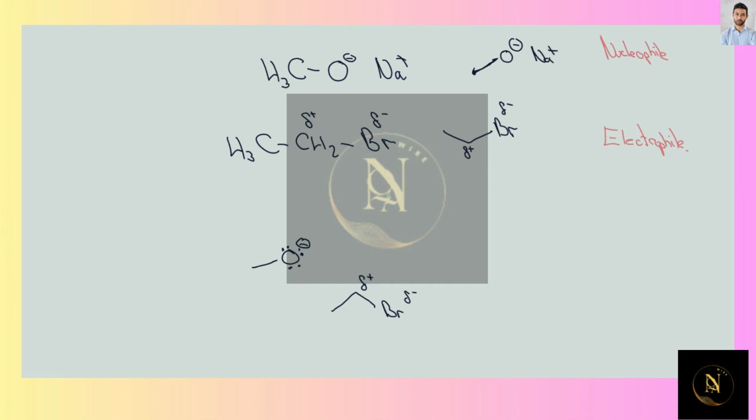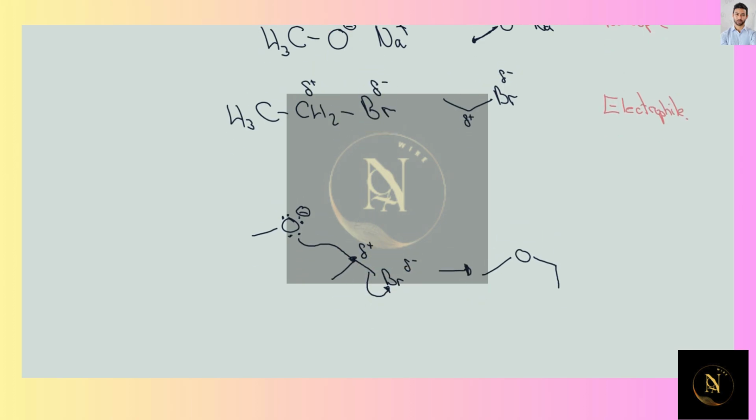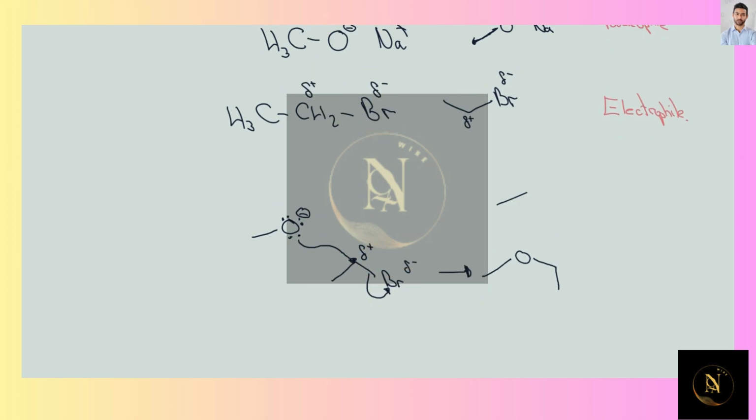So we're going to generate a bond over here and take the pair of electrons towards the bromine atom. So what this is going to generate is the oxygen connected to this group as follows. If you want to write it down as a chemical formula, this would be the compound corresponding to CH3OCH2CH3.